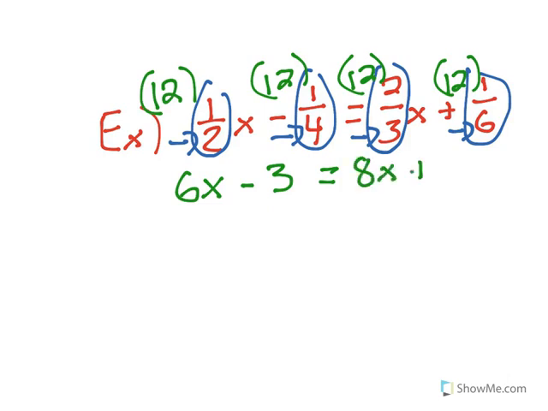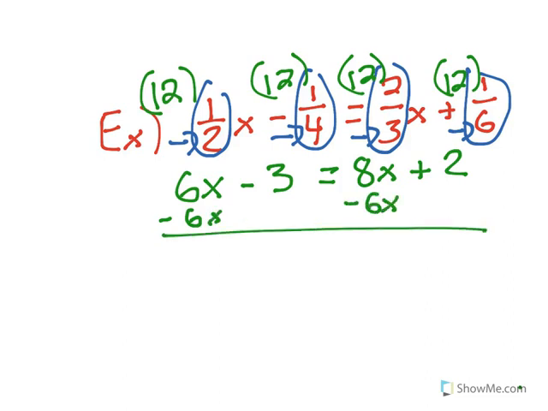And over here, 12 times 1/6 is going to be a +2. All right, now this looks like a much better problem for us, a problem that we did last week quite a bit. Variables on both sides. So I'm going to subtract 6x on both sides. I'll be left with -3 equals 2x plus 2.